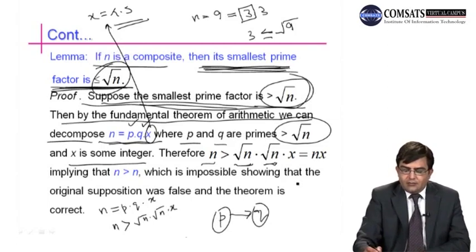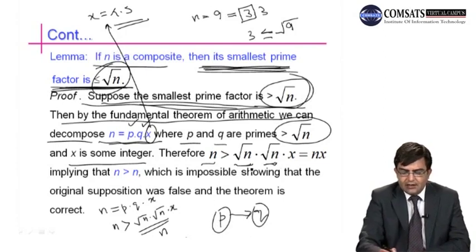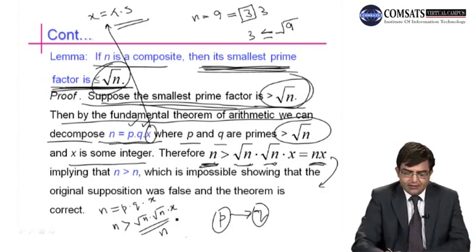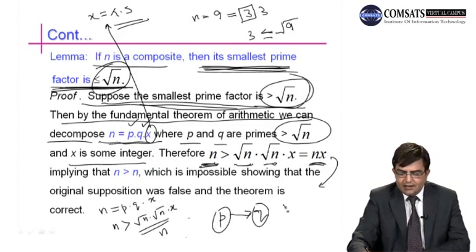Now this is basically equivalent to what? This is n. So n is greater, here we have greater than, here we have equal. So this statement becomes n is greater than nx.